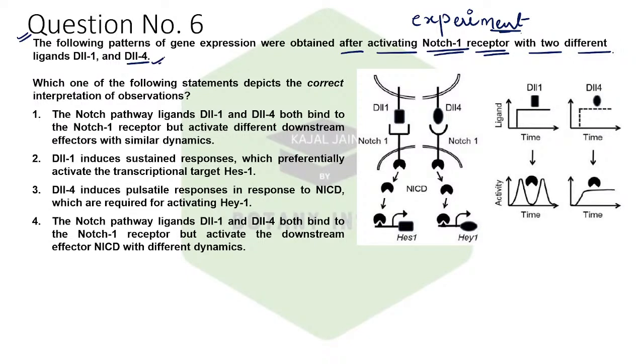You have to observe the entire graph properly, and based upon the same, find out which of the following statements depicts the correct interpretation of the observation. It's a very simple question.